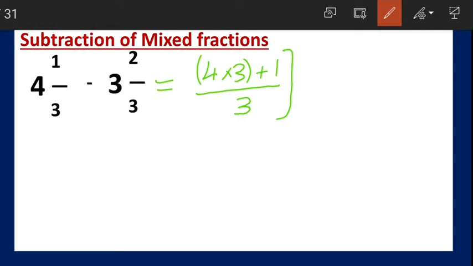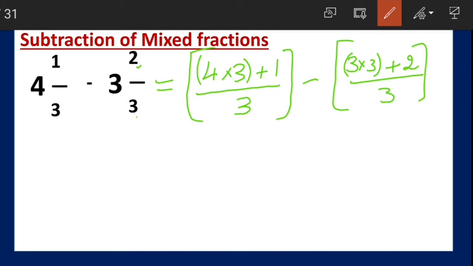First convert the given mixed fraction into an improper fraction, minus 3 2 by 3 means 3 wholes into 3 parts. 3 3s are 9, plus from here we have to take 2 by 3. See here, 4 3s are 12. 12 plus 1, 13. 13 by 3 minus 3 3s are 9. 9 plus 2, 11. 11 by 3.